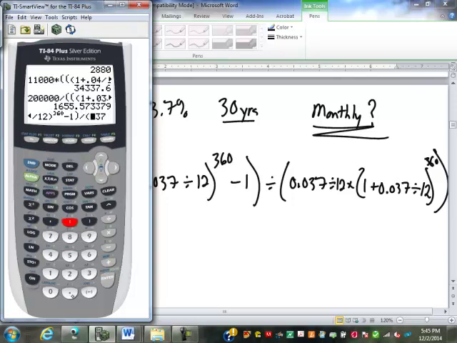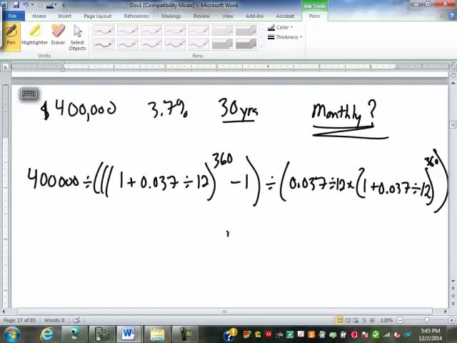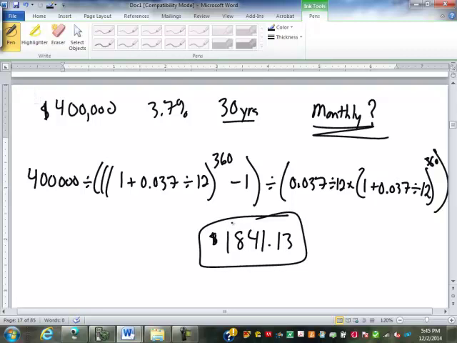Open parentheses, 0.037 divided by 12, times parentheses, 1 plus 0.037 divided by 12. Close. Power 360 and close. $1,841.13. So if you're planning on living 30 years, that's how much you can draw out.